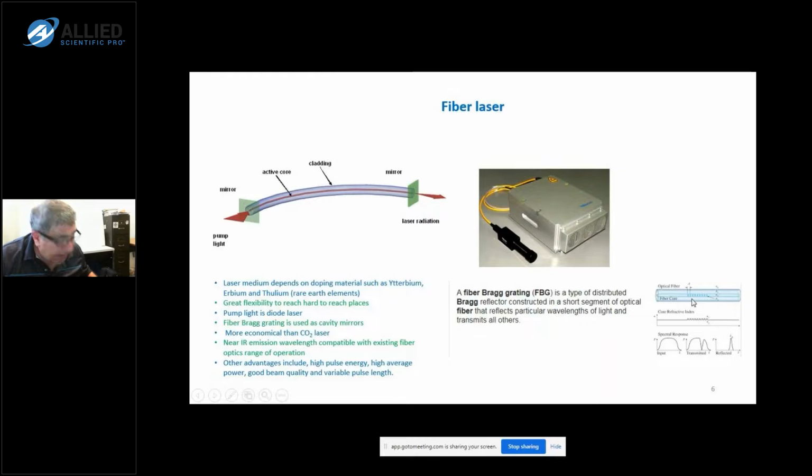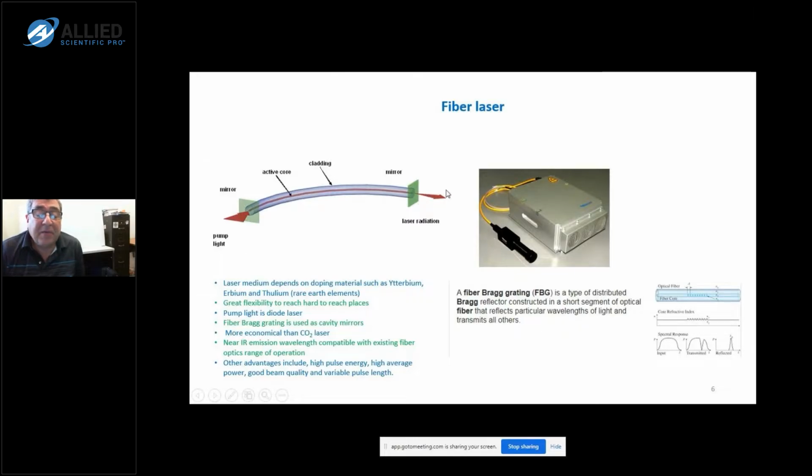And this way, the wavelength is reflected from this grating. A particular wavelength is selected and is reflected back into the core. So you don't have to use mirrors. You can just get the amplification by a reflection from these fiber Bragg grating structures inside the core.